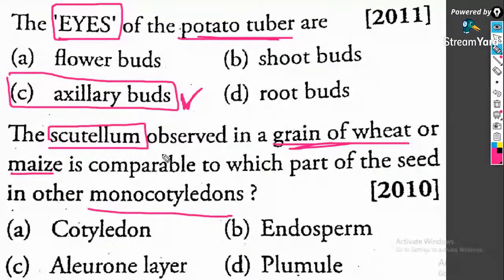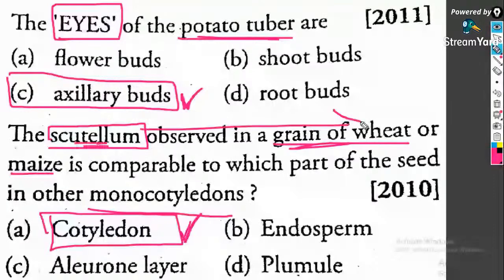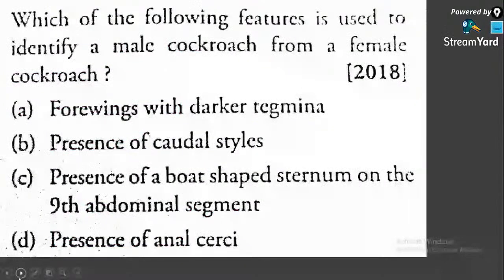Cotyledon only. In all other monocots, you will see the cotyledon. In maize grain, you will see the scutellum. What is scutellum? Scutellum is a modified cotyledon. Perfect. So we are moving on with the chapter Structural Organization.